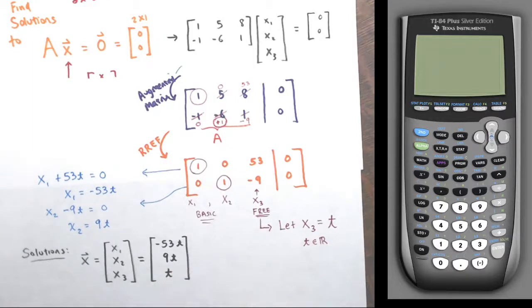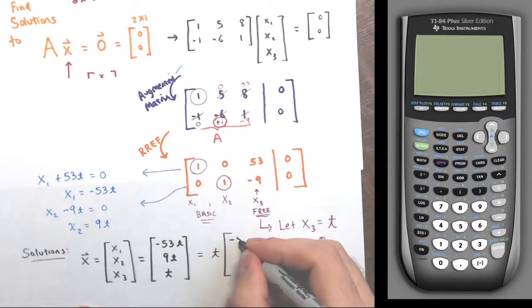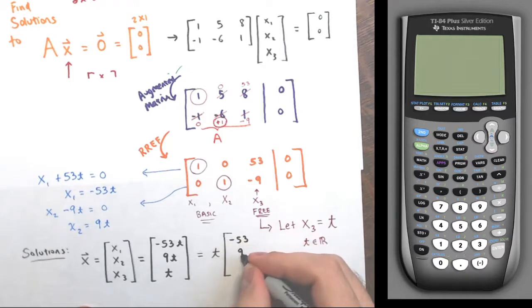Right? And if you look at this, now there's only one free variable, right? And every single value in any solution depends on the value of the free variable t. They all have t as a common factor, so I could pull that scalar out, right? Remember scalar multiplication for vectors, you can pull scalars out if it's common to all components. So I pull t out, and this is times the vector negative 53, 9, 1, right?